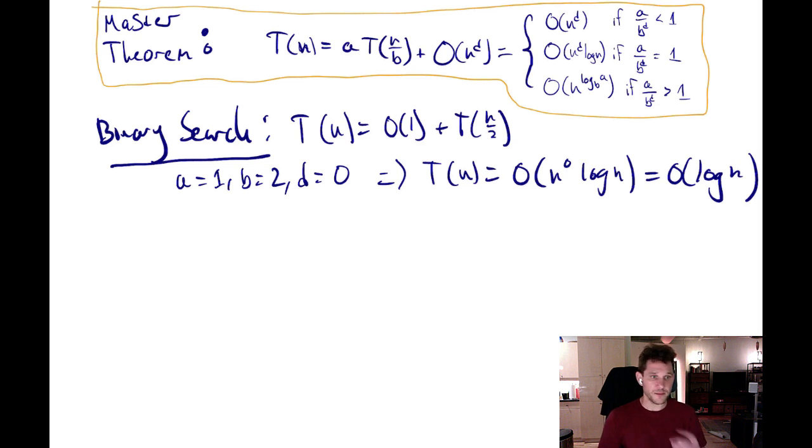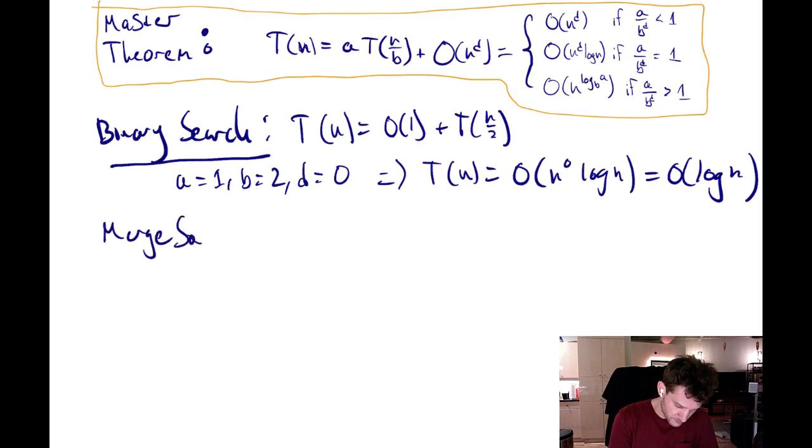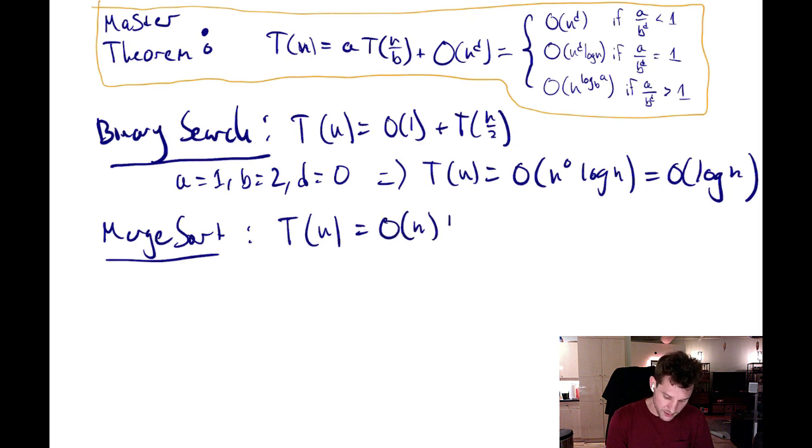Good. Okay, how about merge sort? There we had T of n equals O of n plus 2 times T of n over 2. You had to break the list into two halves, sort each sublist, and then merge the two sublists.